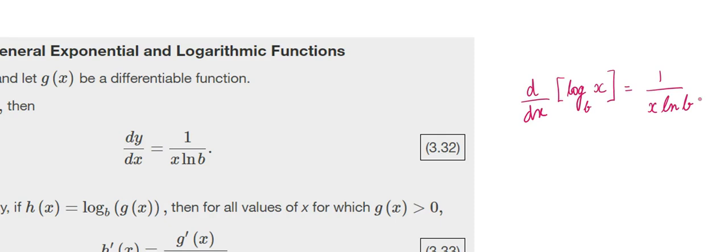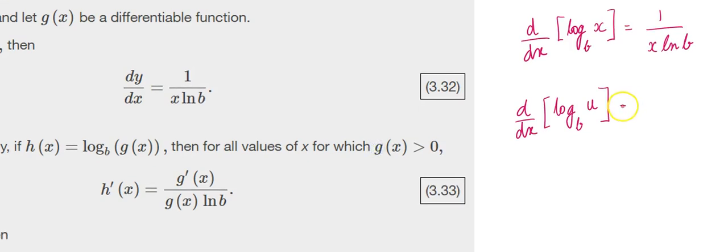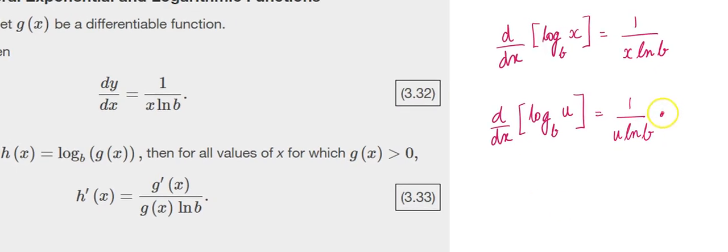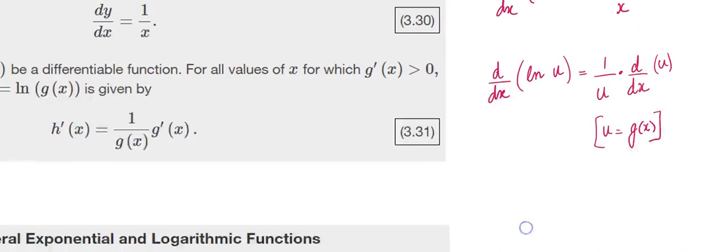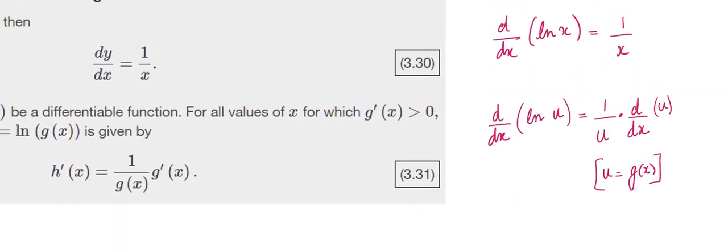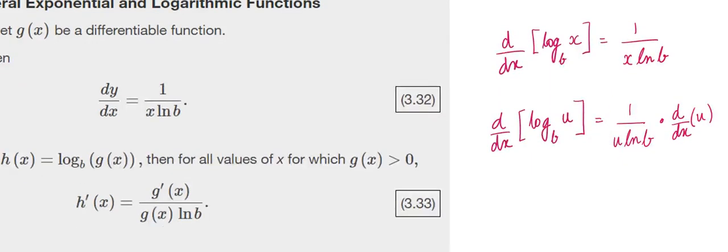And then we're saying if you had something else other than the x, then we have 1 over u ln b, whatever that base is, times the derivative of that u. Look at here, there also we had the derivative of u, and likewise times the derivative of just the u.